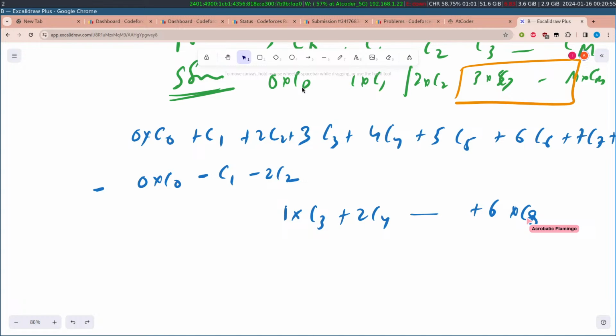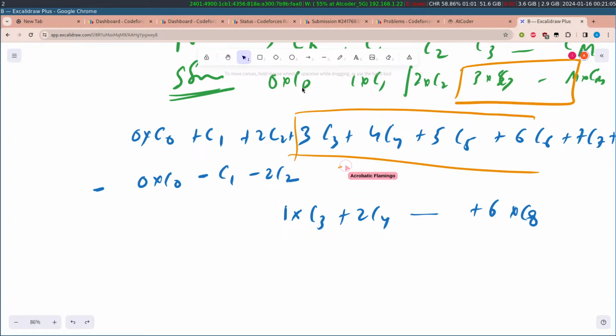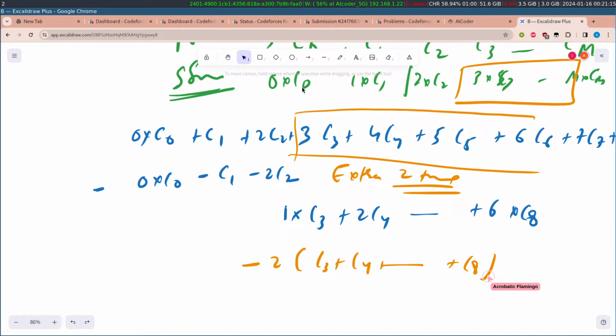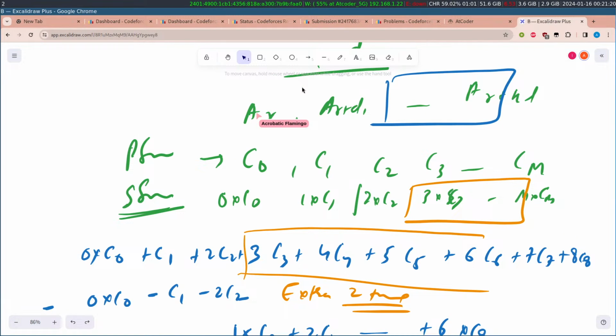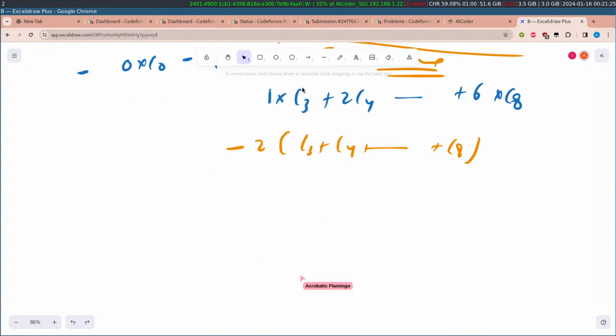And if I look at the difference of these two values, every number is extra 2 times. So I can directly subtract 2 into C3 plus C4 plus up to C8, which I can find by using my prefix sum of the given C array. So this is one other way to solve this problem.